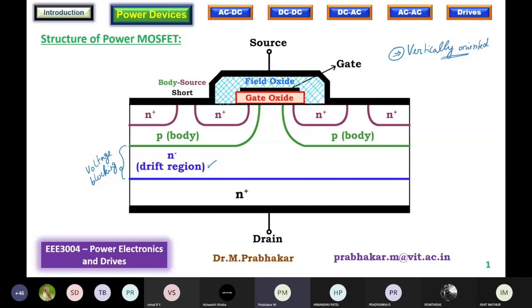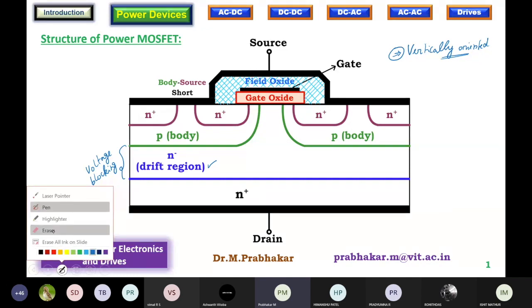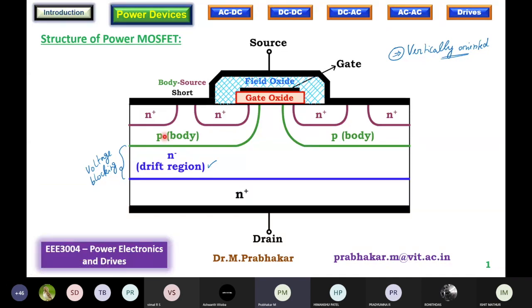This determines the voltage blocking capability, followed by the P-type body layer. I hope you understand what is called the body layer. You will have the contact, and then comes the heavily doped N plus layer, which serves as the source.